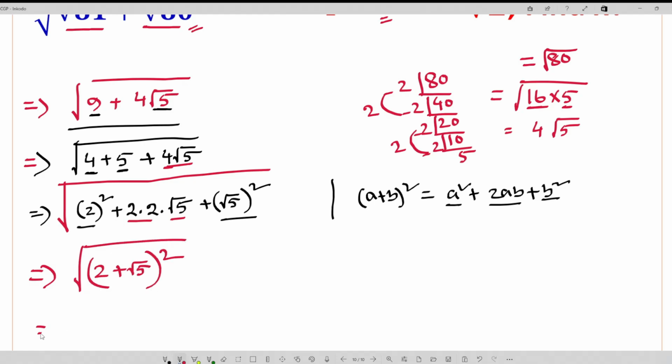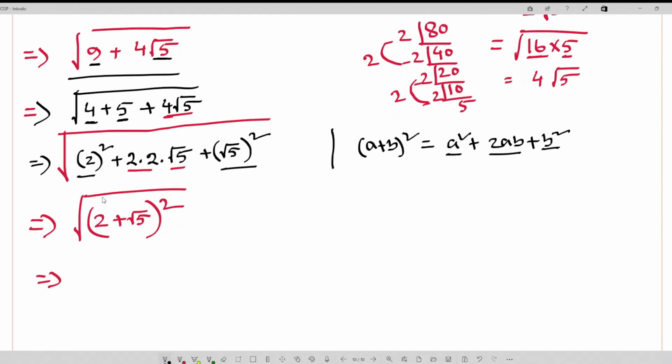and all root. So now look, this root and this square we can take out. So 2 plus root 5. Now look, here is 2 plus this root 5.